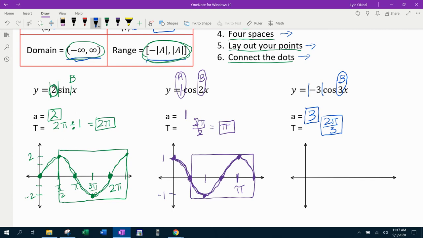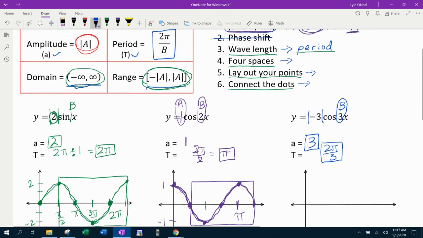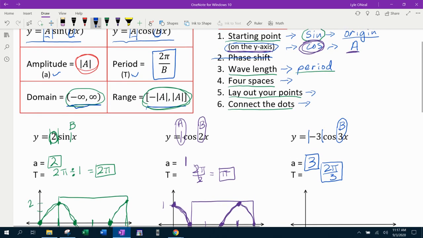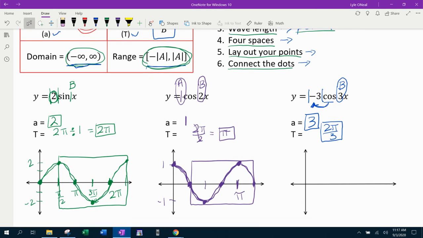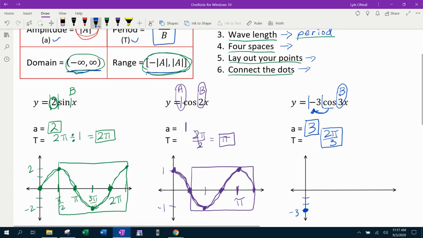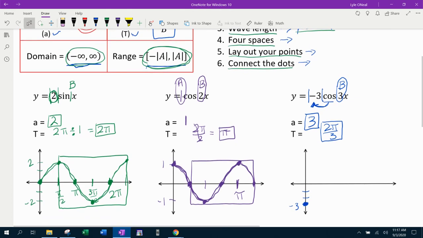Now, in order to sketch the graph, following the 6-step process, the starting point, since this is a cosine, is going to start at the value of a. Cosine starts at the number in front. So we're going to go to negative 3 on the y-axis, and we're going to put a point. That's the starting point. Step number 2, phase shift. We don't have one. Step number 3, wavelength, which is the period.